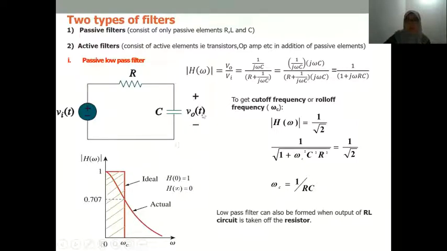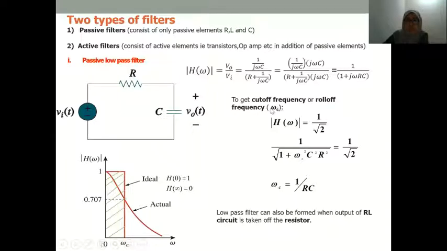The voltage across the capacitor is your V out, which is 1 over j omega C times I. And your V in is the summation of V R plus V C, so I times R plus 1 over j omega C. Now we do the cross multiplication at the denominator, and we get 1 plus j omega RC in the denominator, and in the numerator you will get 1.